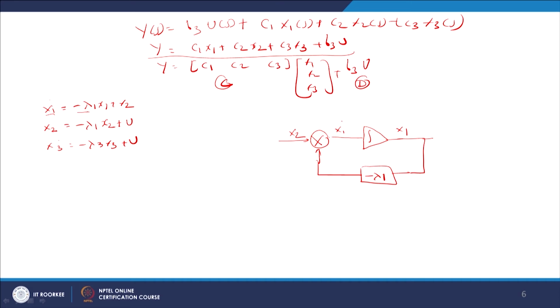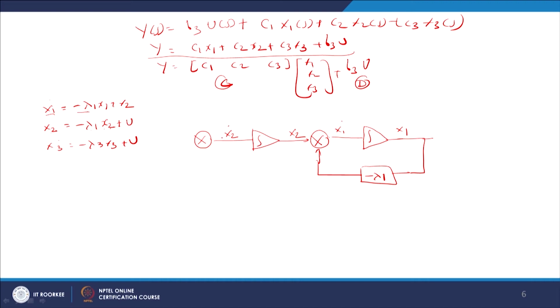Now, the second equation is x2 dot equals minus lambda 1 x2 plus u. So, here again we have to use one integrator. I am using one integrator here, and because of this integrator we will show x2 dot, and now I am using again a summation block.